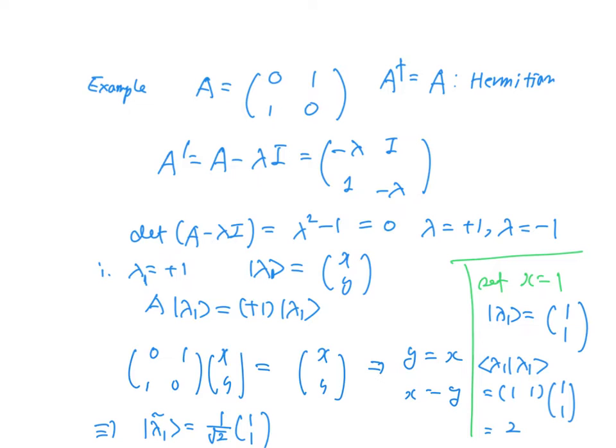And let's consider case 2. When lambda 2 is minus 1, then we can do the same thing. Set the eigenvector as (x, y), then A is (0, 1; 1, 0).